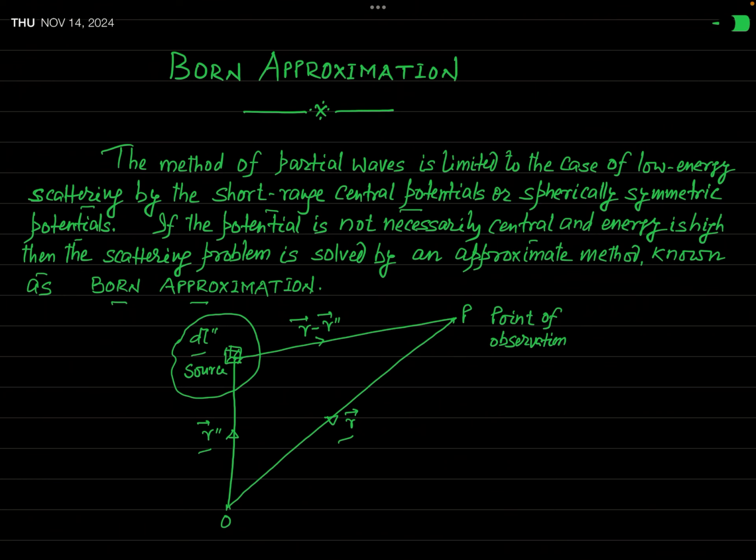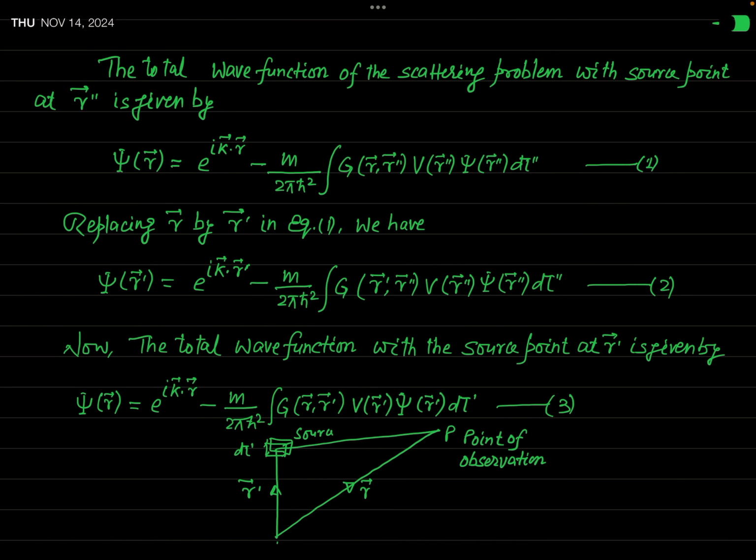In fact, the total wave function, if you denote it by the symbol psi of r, then if the source point is at the point r double dashed, this total wave function is given as e to the power i k dot r minus m over 2 pi h bar squared integral of G of r comma r double dashed V of r double dashed psi of r double dashed d tau double dashed. Here G of r comma r double dashed is the Green's function, V of r double dashed is the scattering potential, and d tau double dashed represents the elementary volume.